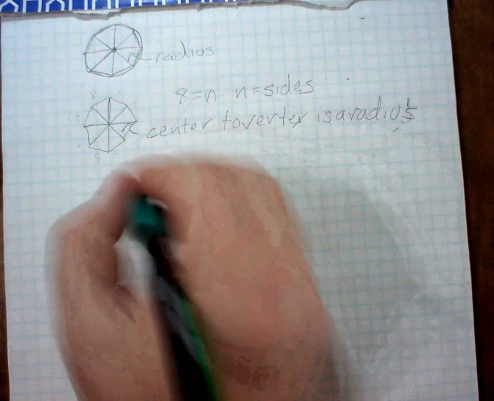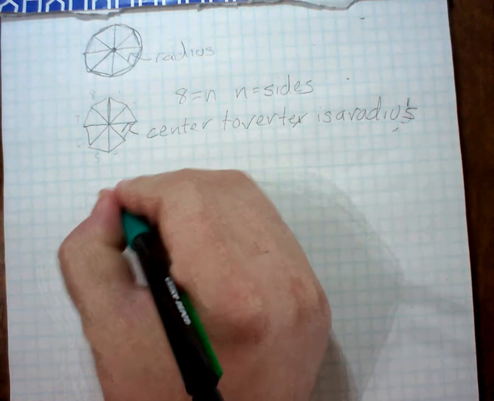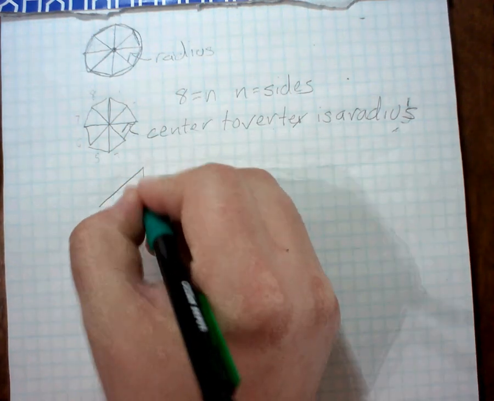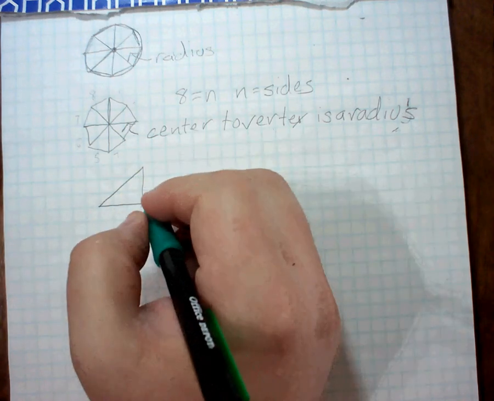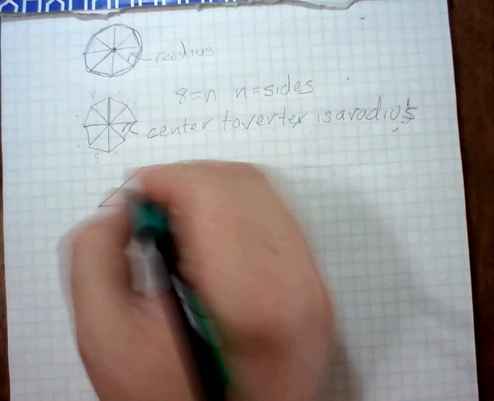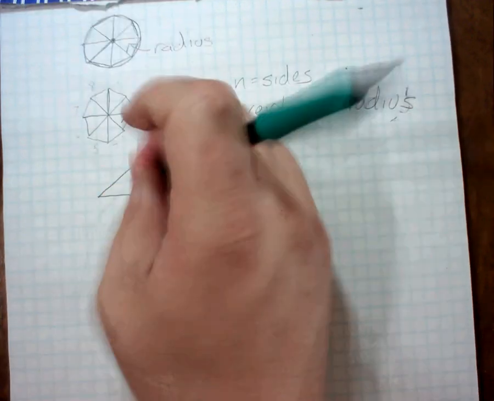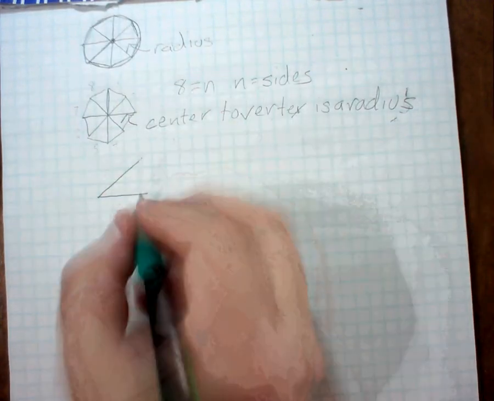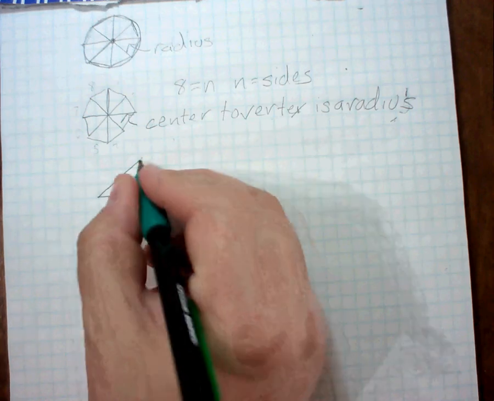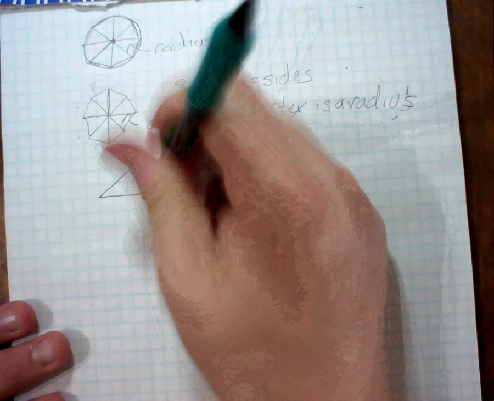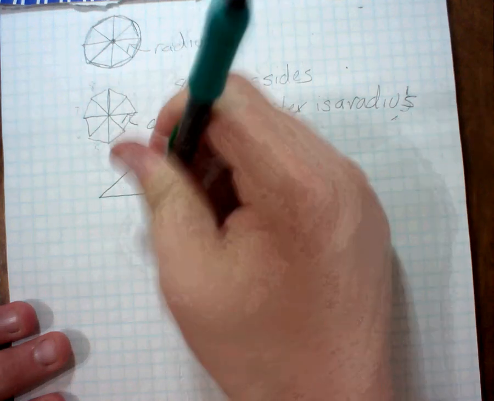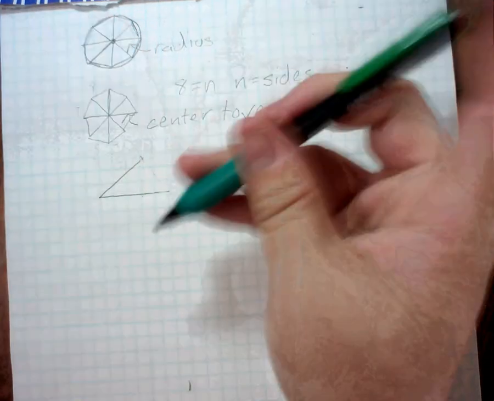So if I take any one of these triangles, and I'm going to blow up the triangle and make it look bigger, these are also, these are the worst pencils ever, by the way.